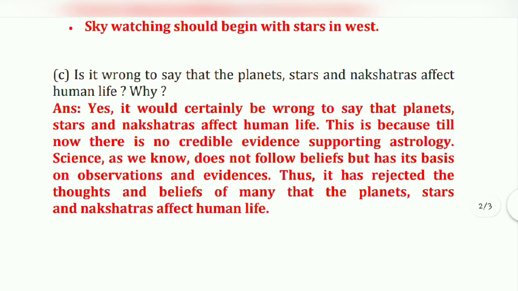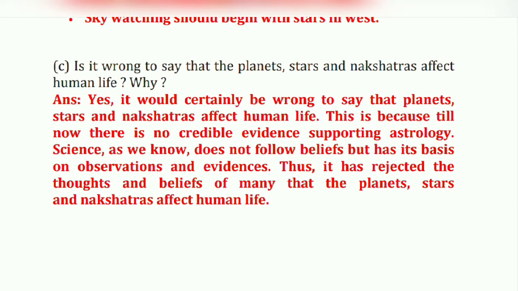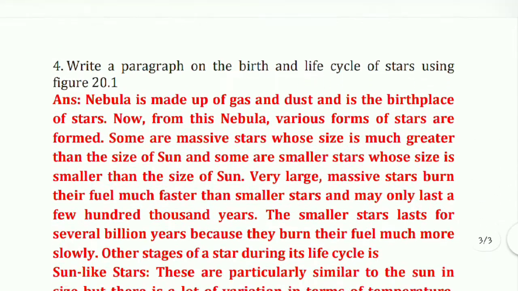Okay, science, as we know, does not follow belief but has its basis on observations and evidence. Thus, it has rejected the thoughts and beliefs of many that the planets, stars and nakshatras affect human lives.